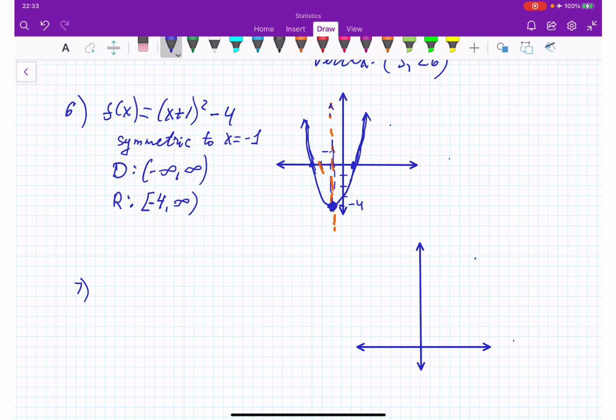So the symmetry is going to go through 1, and 1 and 3. 1, 2, this is 3, which means it's going to go here. So this is 4. So the graph is going to go like this.